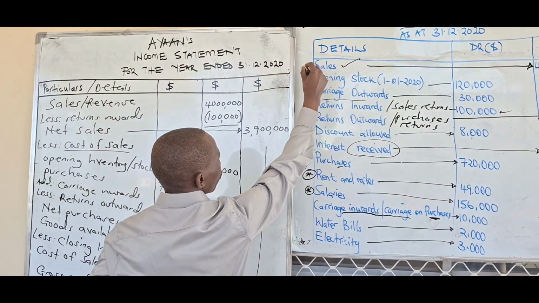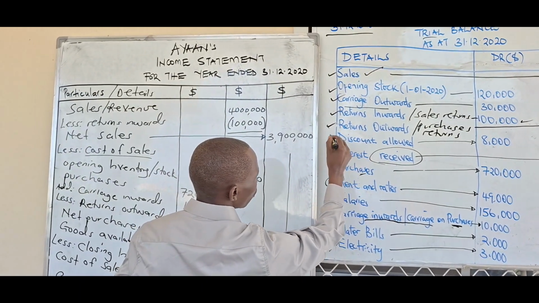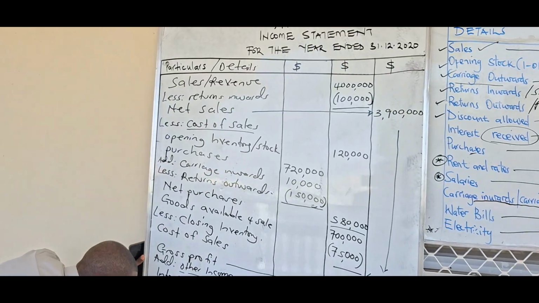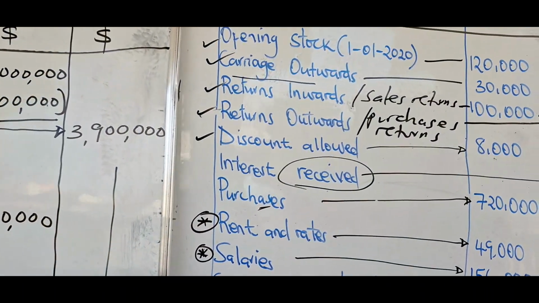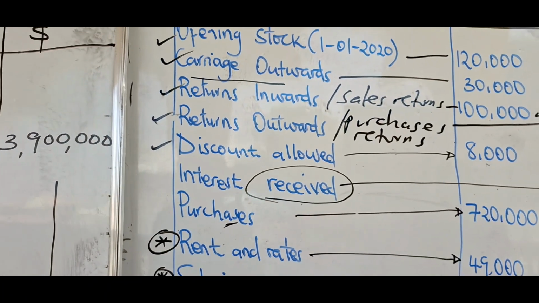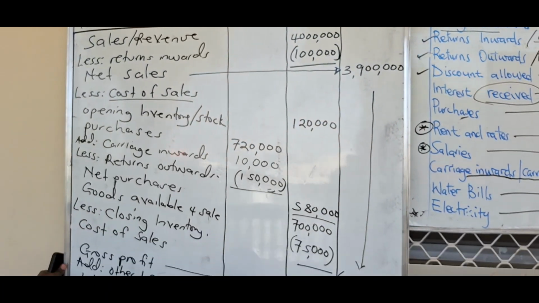Opening stock we have used. Sales we have used. Returns outwards we have used. Discount allowed, yes. Discount allowed is an expense. 8,000. We put it there.